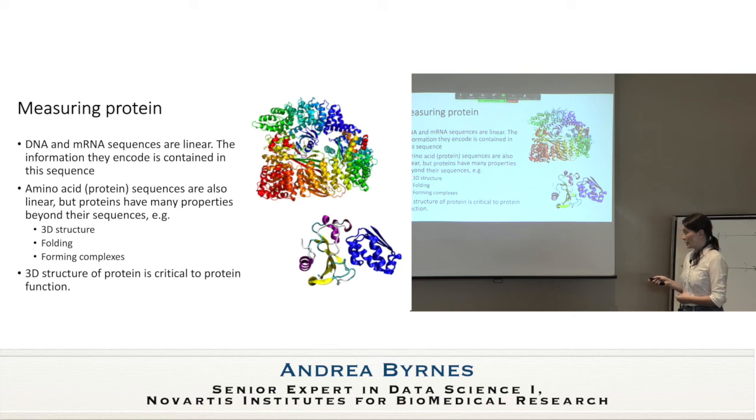This includes 3D structure, folding, which is kind of related, and forming complexes with one another. So this is an example of a protein complex where there are several different peptide strings all folded together, and this all needs to be folded together correctly for this to work. So the 3D structure of a protein is critical to the function, and sequencing a protein the way we sequence DNA and RNA is not quite so straightforward.